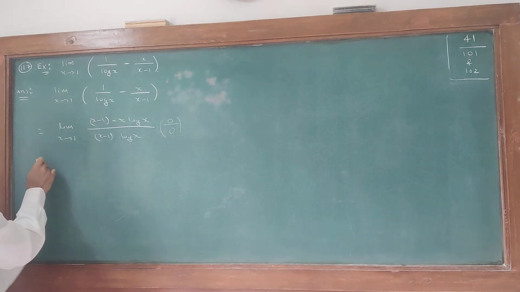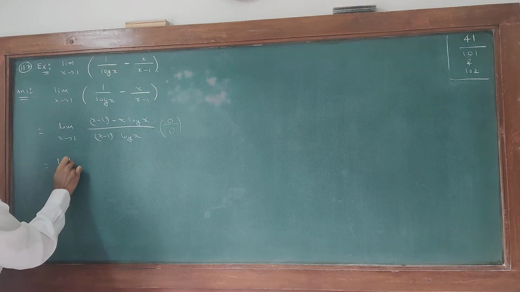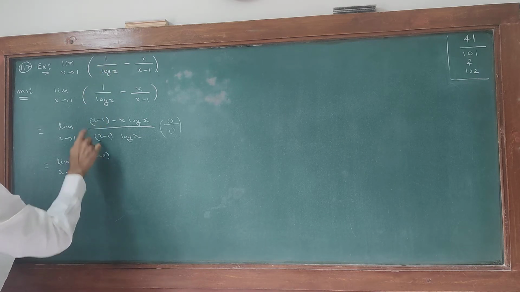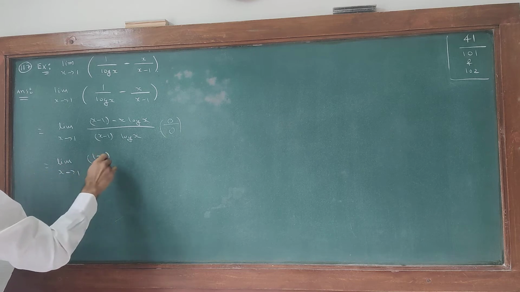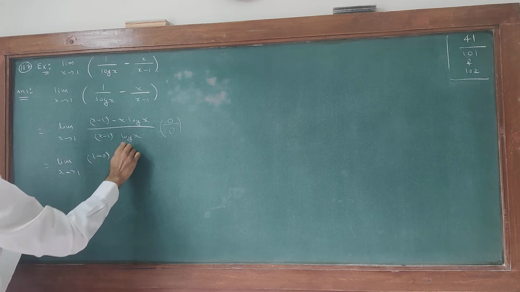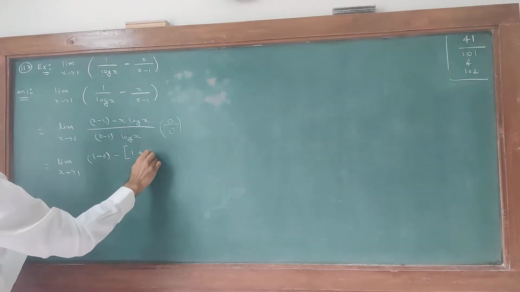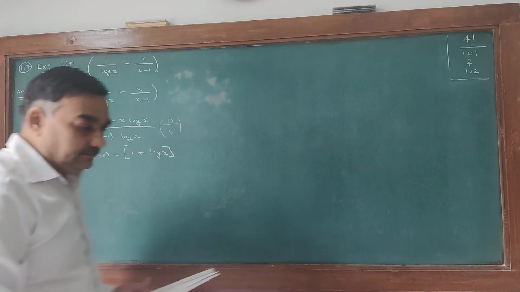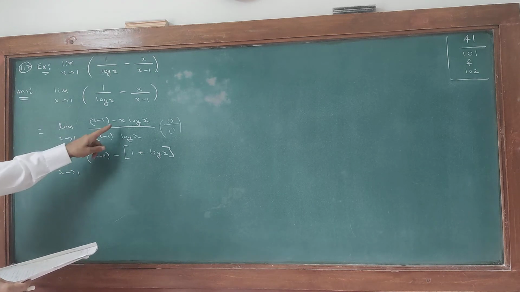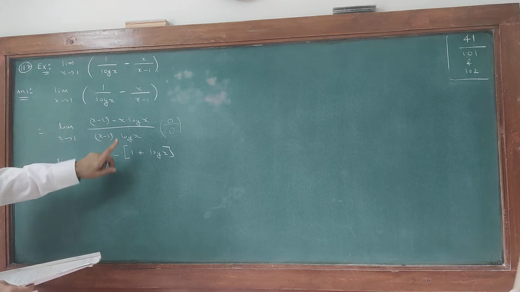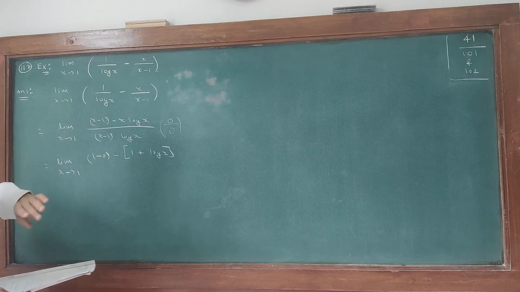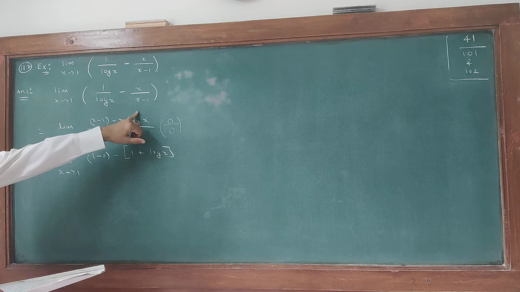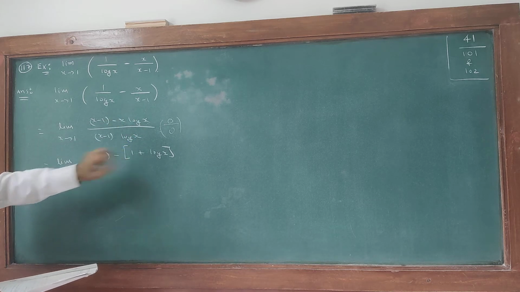So this is equal to limit x tends to 1, 1 minus 0, since the differentiation of x with respect to x is 1 and that of 1 is 0, then 1 plus log x. So the derivative of x with respect to x will be 1, means log x as it is, and x as it is, and the derivative of log x is 1 upon x, at that time it is 1.